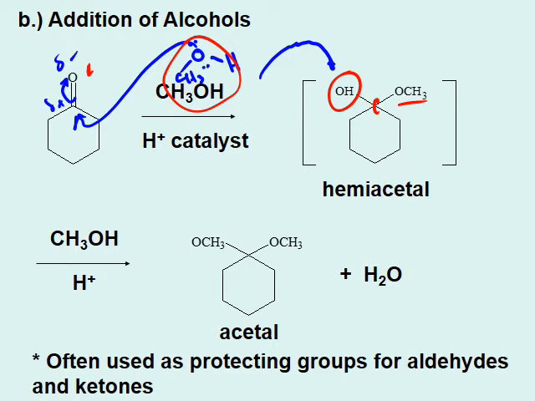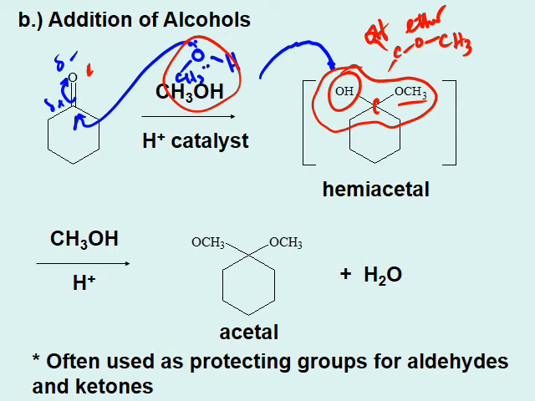You have a carbon on one side with an ether linkage. This is ether, COCH3. This is the ether functional group, and also there is one OH functional group. So ether and alcohol, both functional groups, are present here, and that's called hemiacetal.